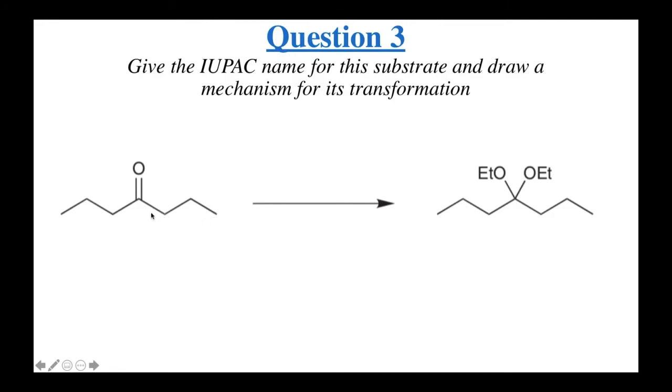So y'all are saying hepta-4-one. So let's see, 1, 2, 3, 4, 5, 6, 7. Very good. So it's hepta, and it's at carbon 1, 2, 3, 4. Perfect. Heptan-4-one. So I'm taking heptan-4-one, and I'm transforming it into another kind of structure. What kind of structure is this using the terminology I gave you earlier?